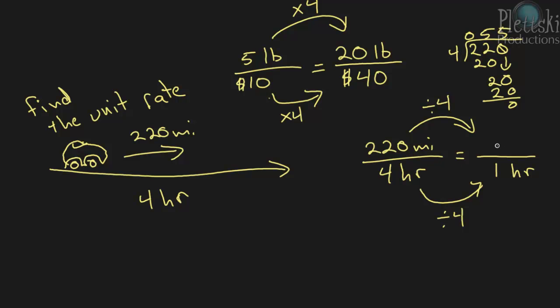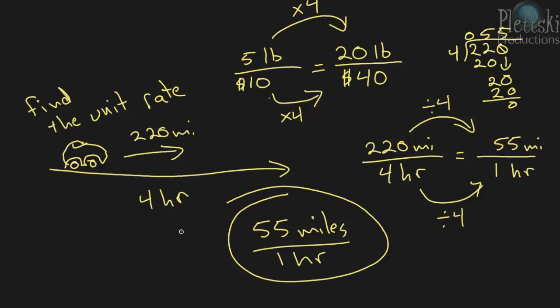So 220 divided by 4 is 55. And that's in miles. So our unit rate is going to be 55 miles per hour. Per 1 hour. And that's our answer. So now you've seen equivalent rates. You've also seen finding unit rates.